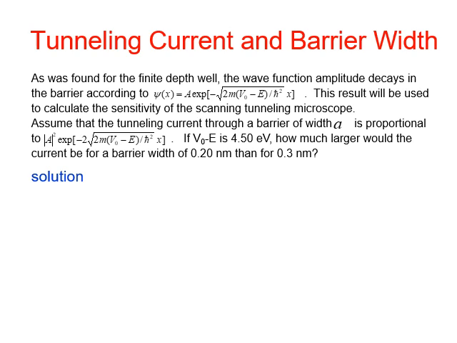In this example, we are going to calculate the current change when the gap changes from 0.2 to 0.3 nanometer. The difference is about 0.1 nanometer, and that is about 1 atom thick. So when the gap changes by 1 atom thick, how much does the current change? We are going to calculate the ratio.